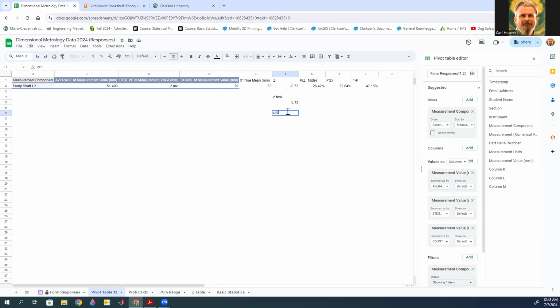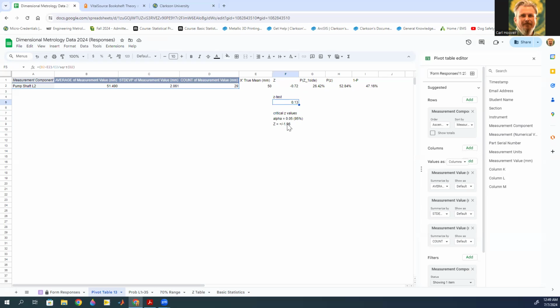So our critical Z values for 95%, or for alpha 0.05, which is also saying 95% within the not rejection region, our critical thresholds are Z equal to plus or minus 1.96. And so our Z test of 0.13 is well within plus or minus 1.96.